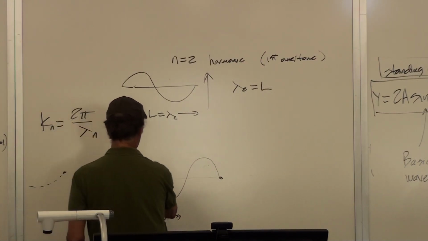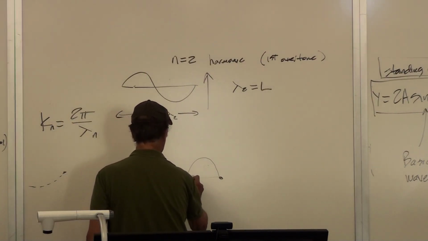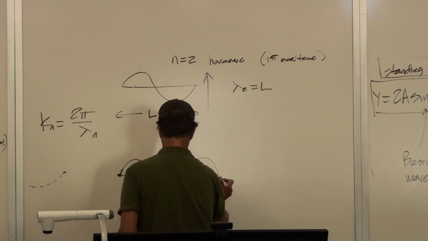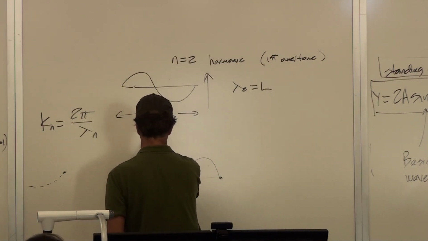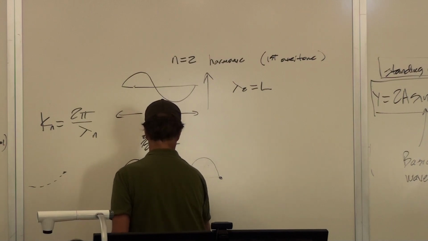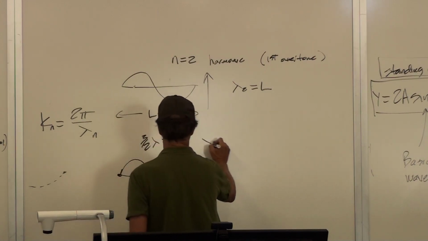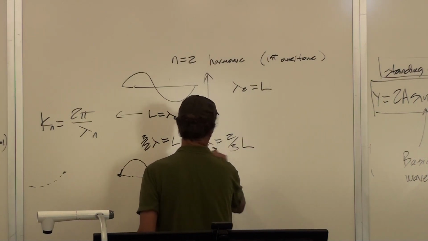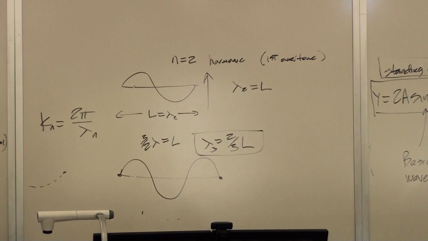Okay, because this is going to be one half, 1, 1 and a half wavelengths equals L. So lambda equals 2/3. Three halves wavelengths is the length L, and so therefore lambda is 2/3 L.